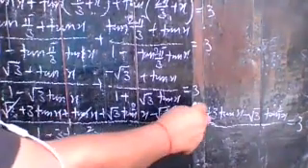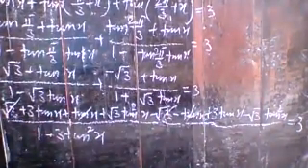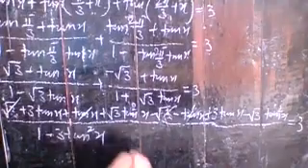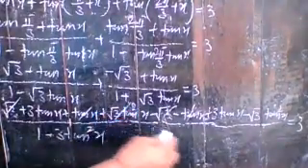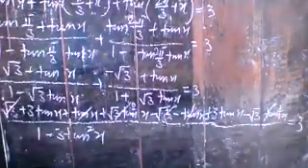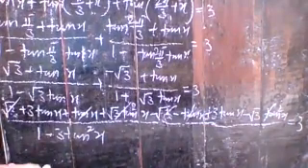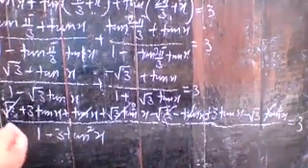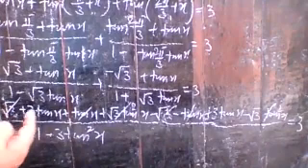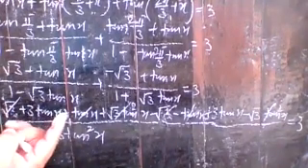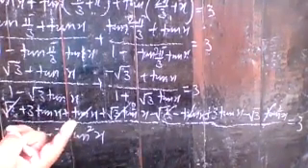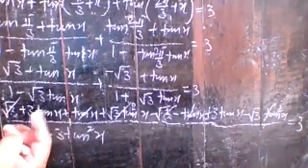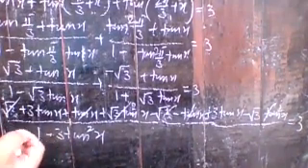Plus tan x minus tan x cancel out. Root 3 tan square x and minus root 3 tan square x cancel out. So what is left? 3 tan x and 3 tan x. So you have 6 tan x.